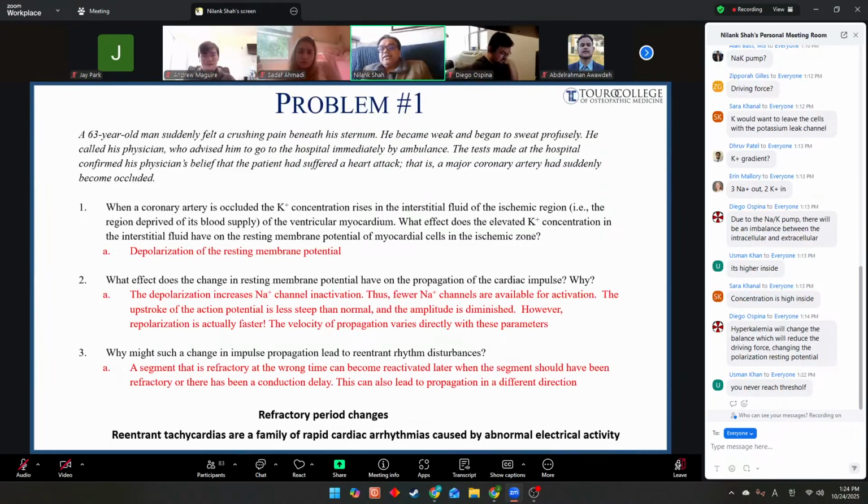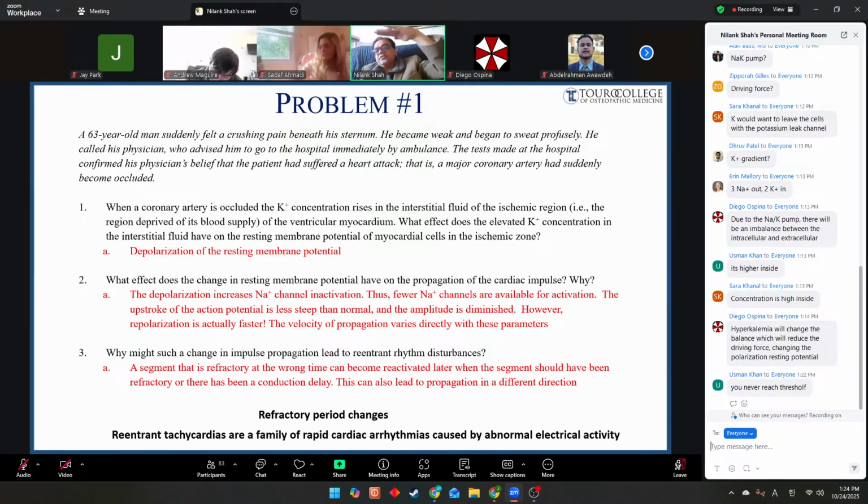So phase 0 of the cardiac myocyte action potential will be less steep. We talked about that yesterday, so I'm sure you can recollect it. It will also be reduced in amplitude, because very few sodium channels are available, which brings a very small inward sodium current.